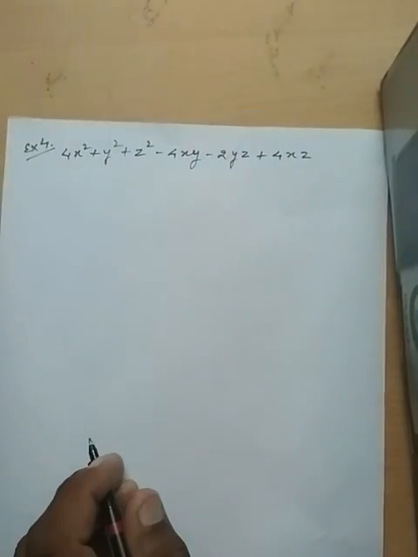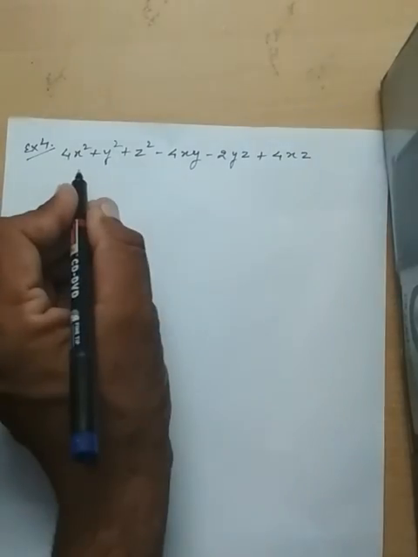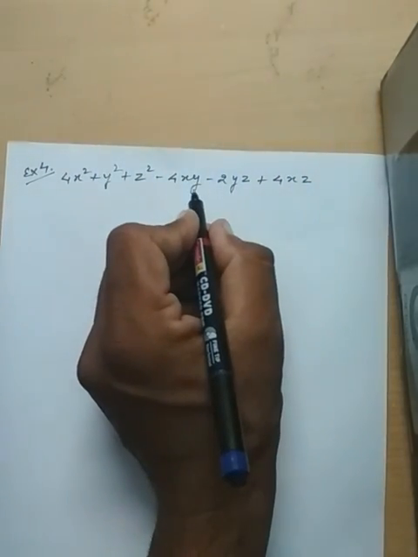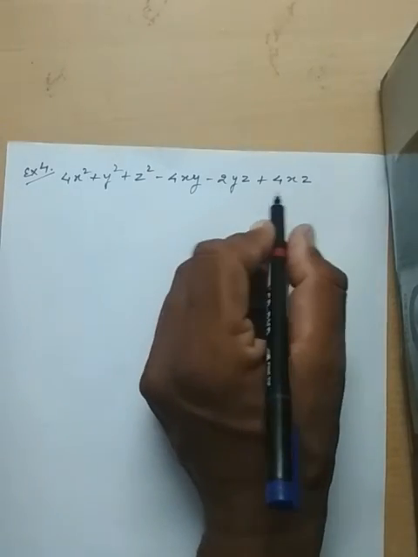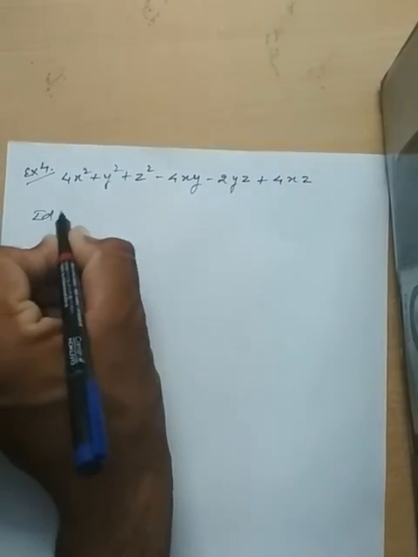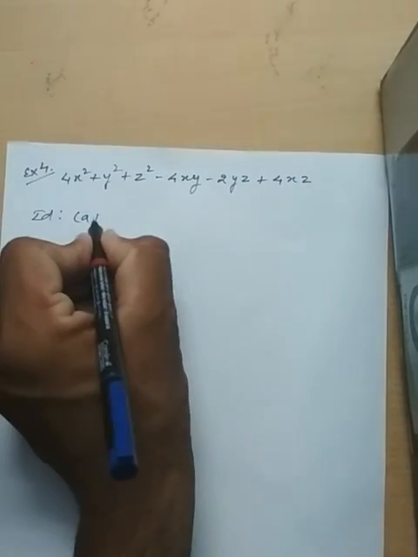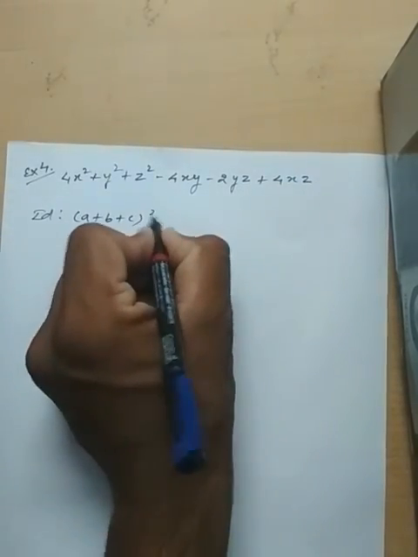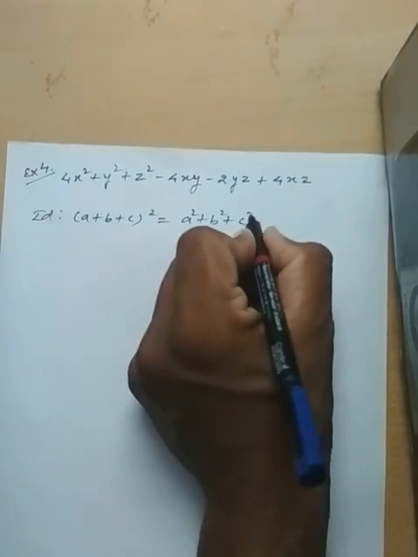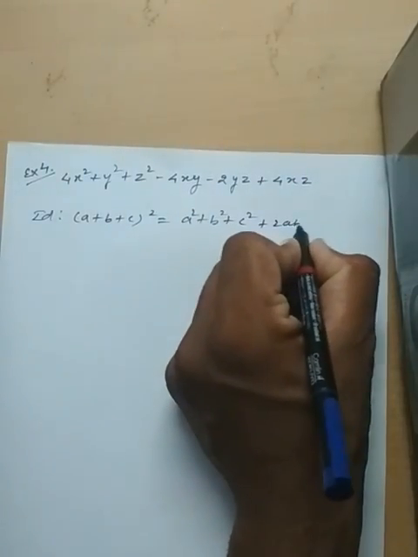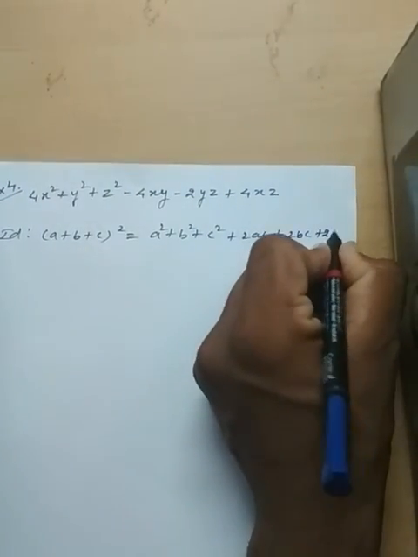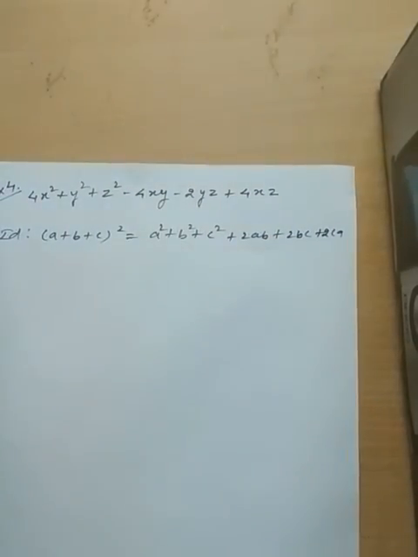Our next question is also factorize 4x² plus y² plus z² minus 4xy minus 2yz plus 4xz. In this question we are using the identity (a plus b plus c)², and it is equivalent to a² plus b² plus c² plus 2ab plus 2bc plus 2ca.